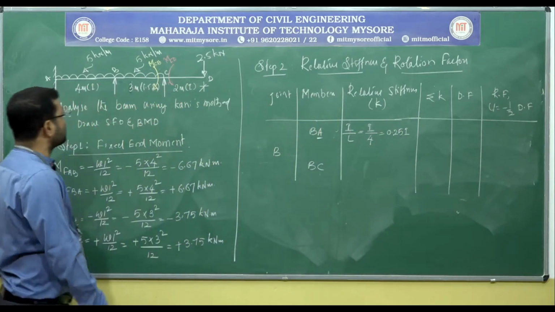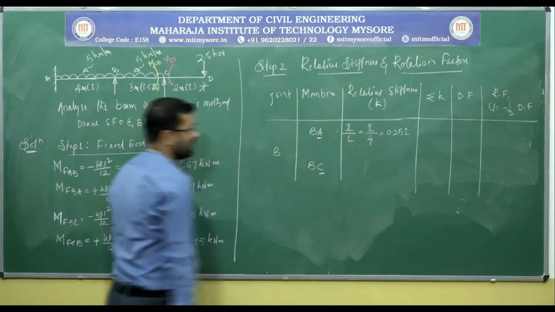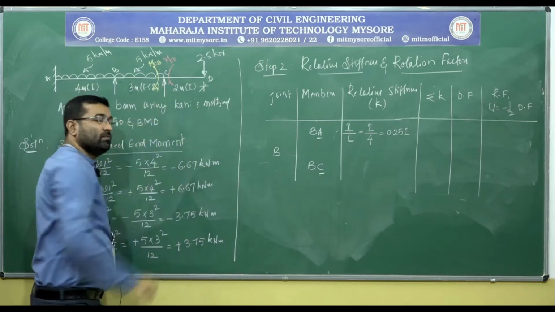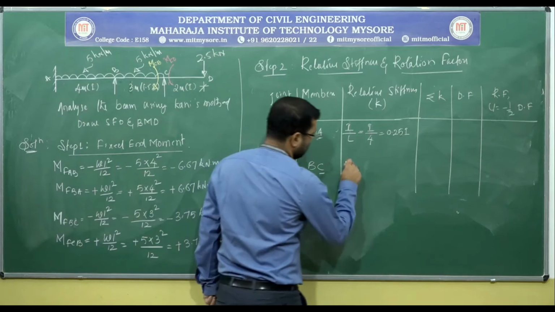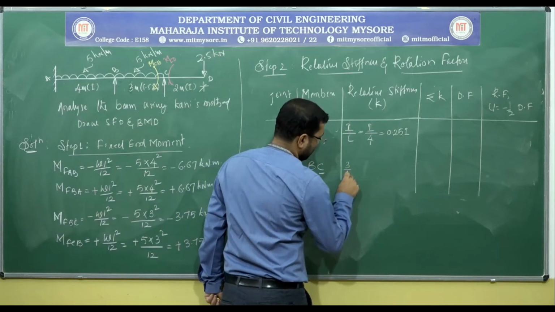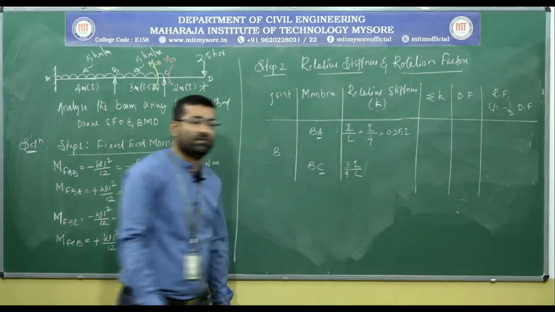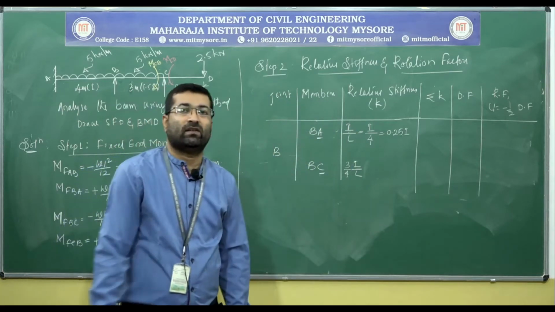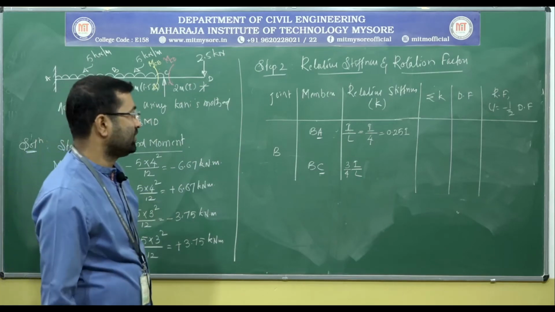And similarly for span BC, B is near end and C is far end. So C is simple in nature. So for a simple far end support, we use 3 by 4 I by L, that is 75% of the fixed support condition.